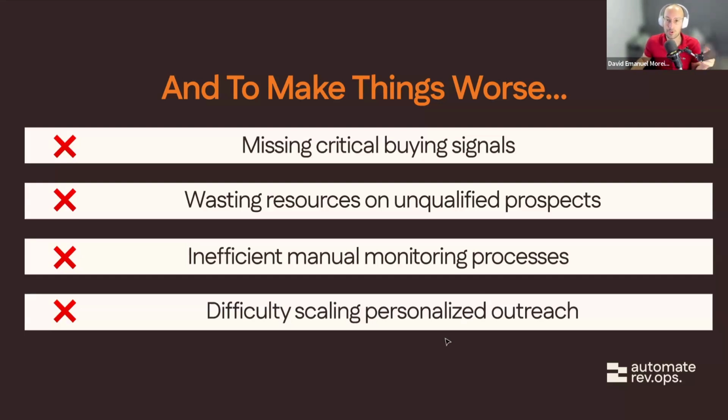Inefficient manual monitoring processes: some sales pros are using triggers, but they are using manual processes to detect them, like going to SalesNav or LinkedIn to understand if a company has recently hired someone, or finding job posts manually. They are wasting loads of time doing that, and you can automate it. And even having difficulty scaling personalized outreach because you don't automate the trigger-based campaign.